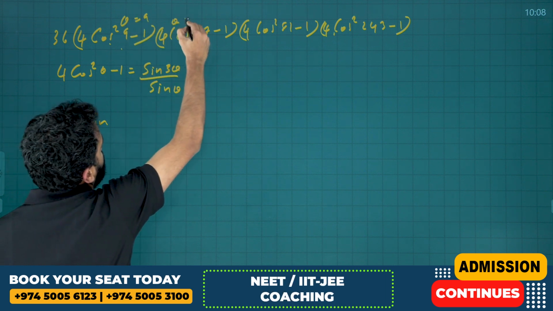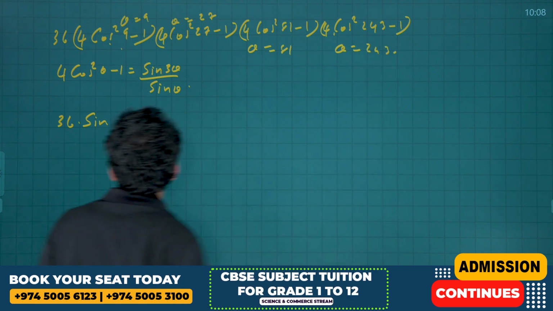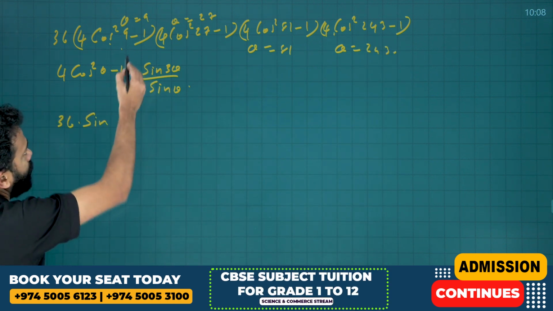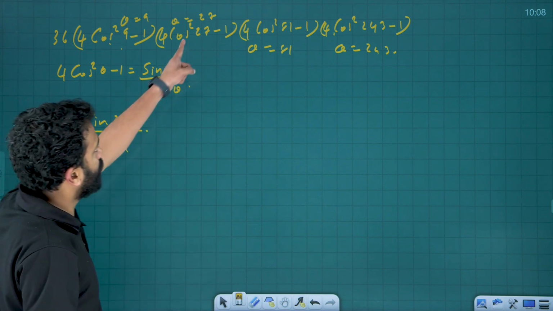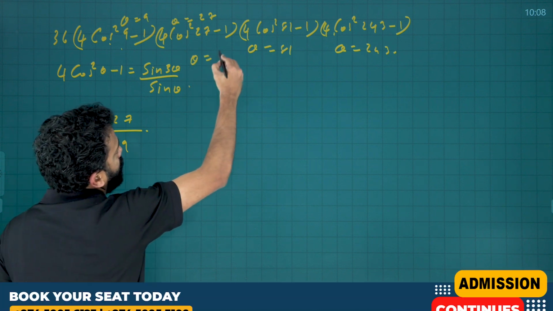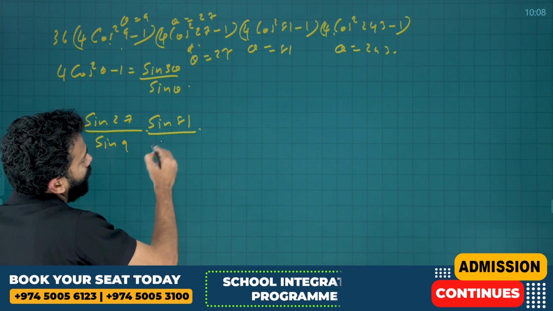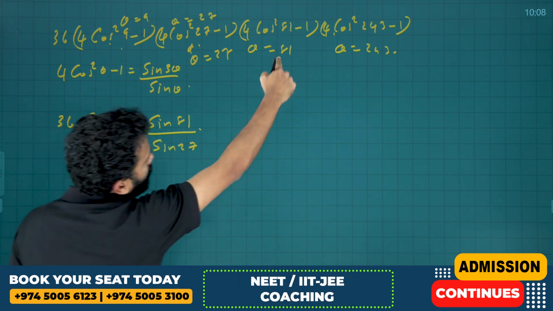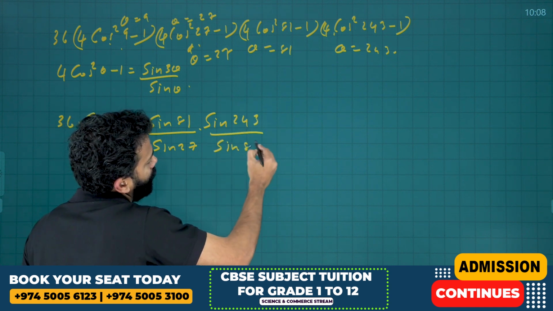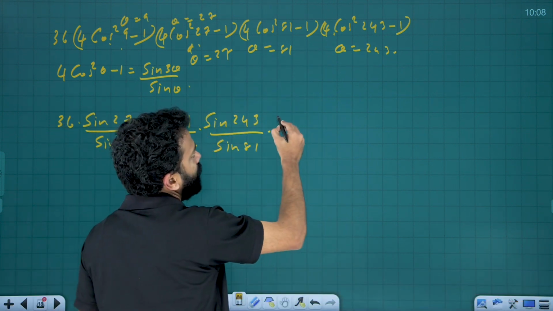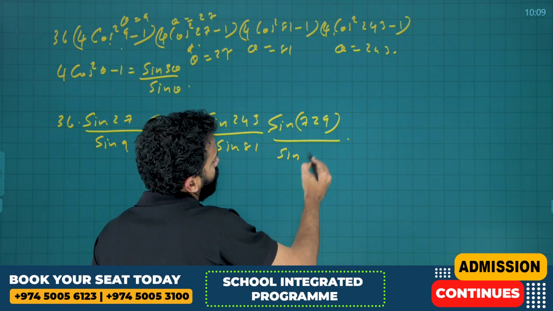Theta is 9, here theta is 27, here theta is 81, here theta is 243. So sine 3 theta means 3 into 9, that is sine 27 divided by sine 9. Here theta is 27, therefore 3 times 27 is sine 81 divided by sine 27. Here theta is 81, therefore it will be sine 243 divided by sine 81. Here theta is 243, therefore it becomes sine 729 divided by sine 243.